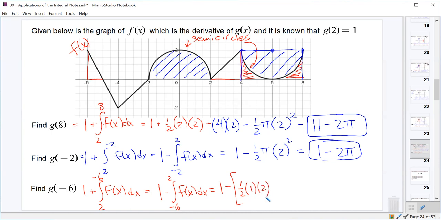And then from -5 to -2, we have a triangle that's below the x-axis. So we'll subtract 1/2 of that base of 3 times a height of 2. And then we just found a minute ago that this semicircle right here had an area of 2 pi. So we'll add 2 pi into that. It's above the x-axis.